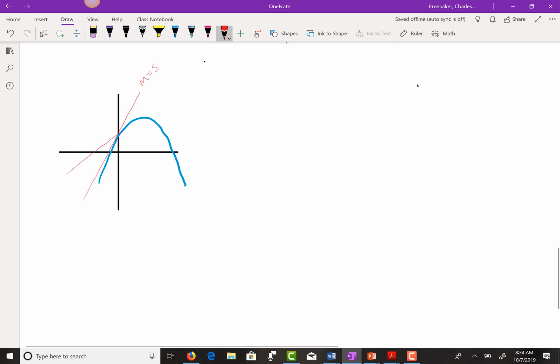As we move a little further, this might be a slope of 1. As we move further still, slope of 0. And as you continue on around, this is going to be a slope of something like -1. And then as we get steeper still, slope of -5.